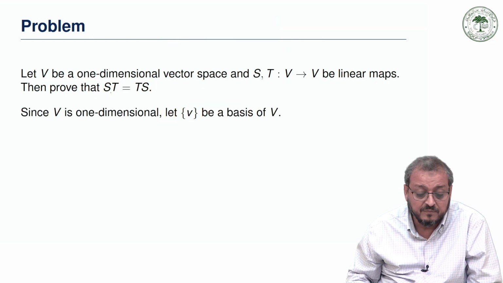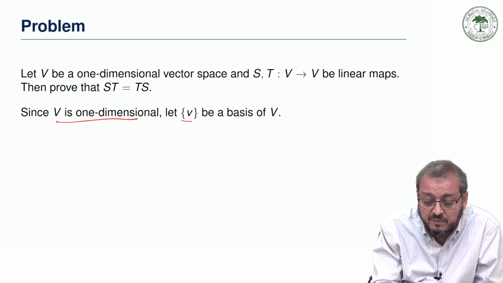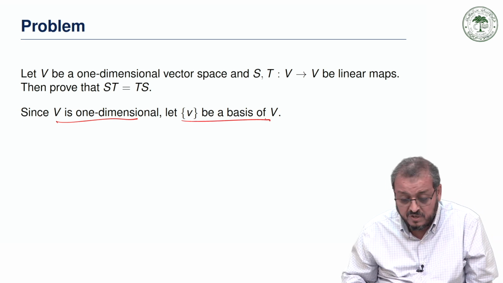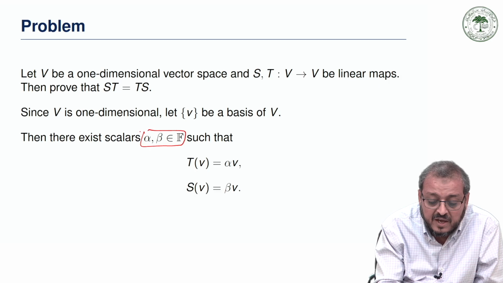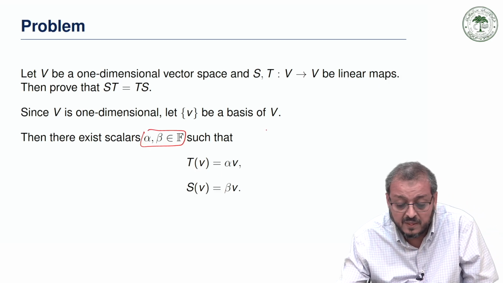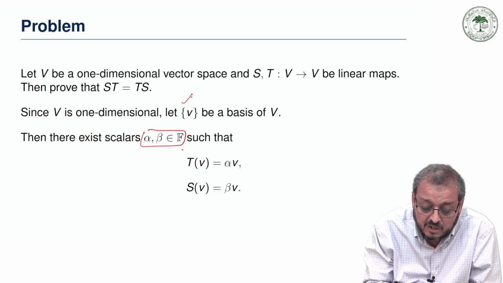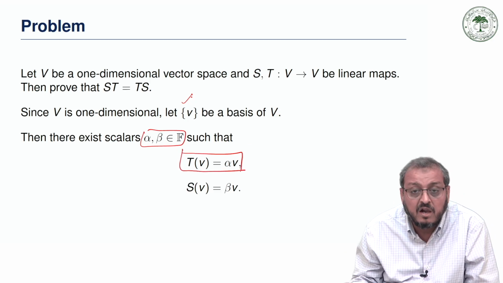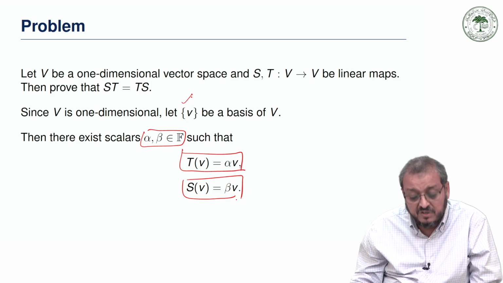Okay, so we start: V is a one dimensional vector space. So let v be a basis for V, and then there exist alpha and beta in F such that, because this is a linear map and v is the basis for V, T of v can be written as alpha v, and S of v can also be written as beta v.